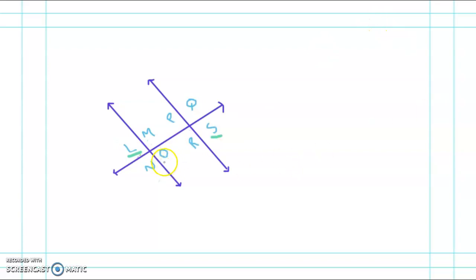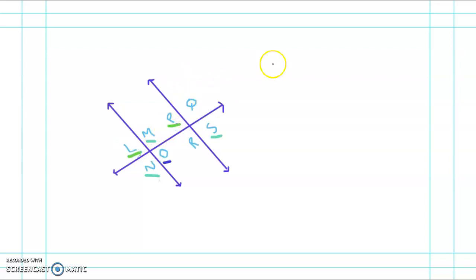Angle O and angle P can be examples of alternate interior angles because they are alternating angles located inside of the parallel lines. An example of vertical angles can be angle M and angle N because they are located vertically from each other. And an example of corresponding angles can be angle L and angle P.